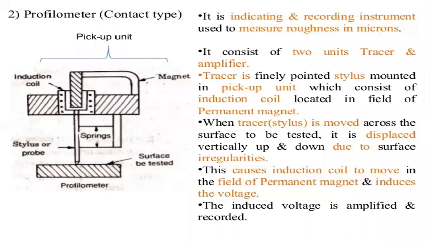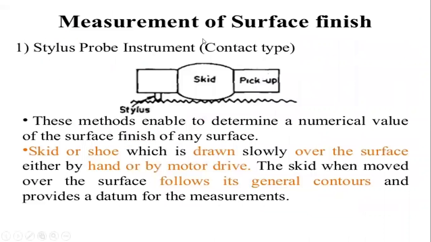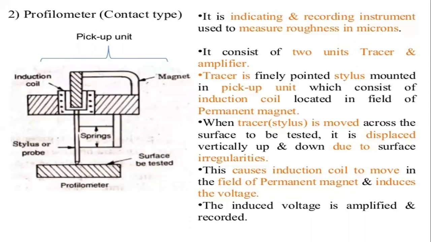Next one is the profilometer. The second type of this measuring instrument is the profilometer. It is an indicating and recording instrument used to measure roughness in the micron size.